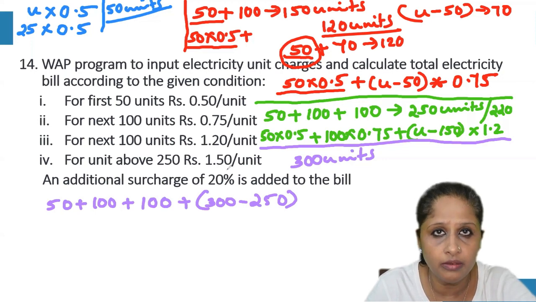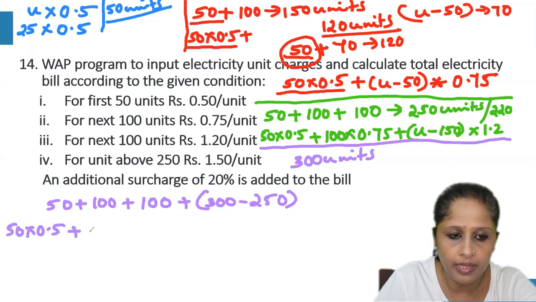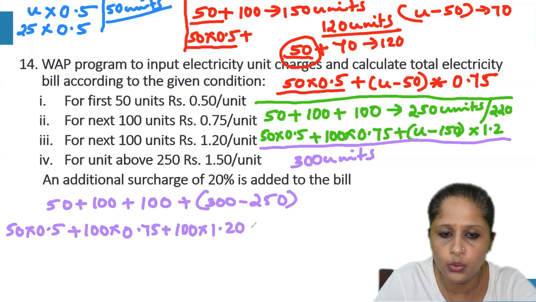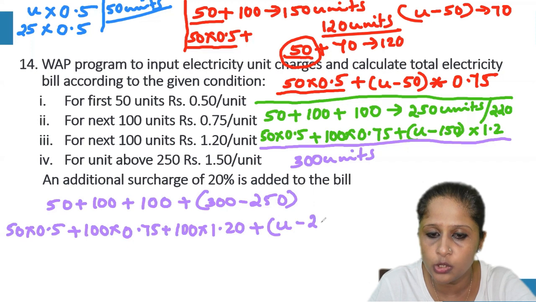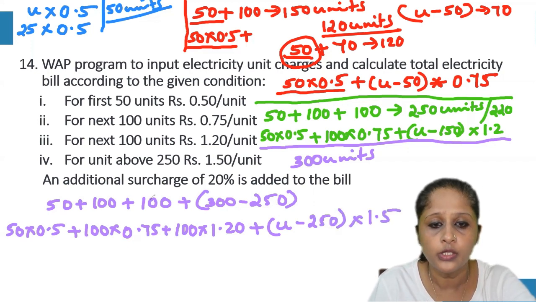So it is 50 into 0.5 plus 100 into 0.75 plus 100 into 1.2 plus u minus 250 into 1.5. Okay, so now we did the calculation.